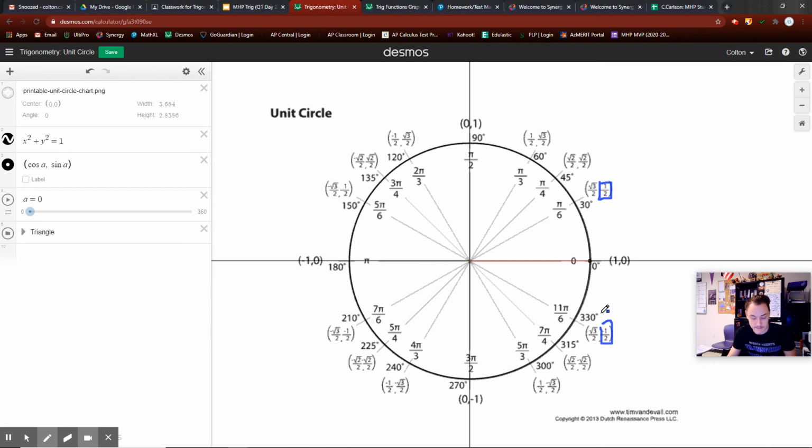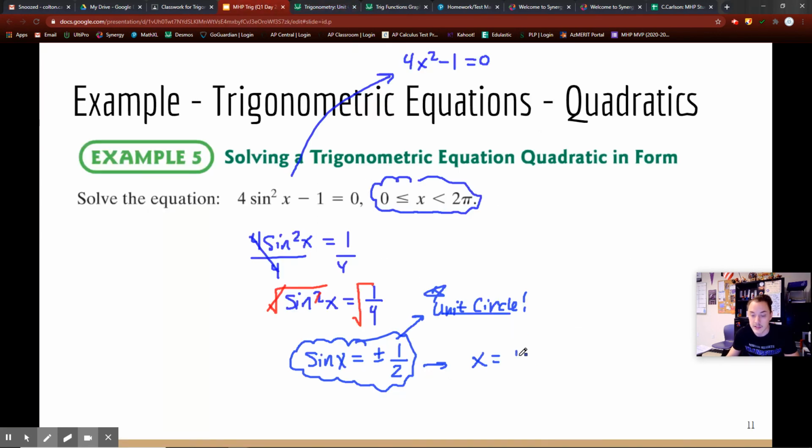Boom, right there, okay? But also, right here, negative 1/2, and then right here. So it's actually 4. So that means pi over 6, 5 pi over 6, 7 pi over 6, and 11 pi all over 6. So I'm going to go over here and write them all down.